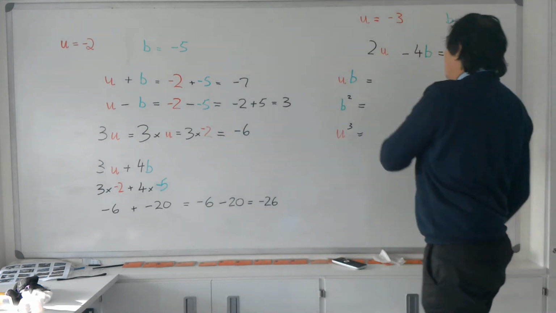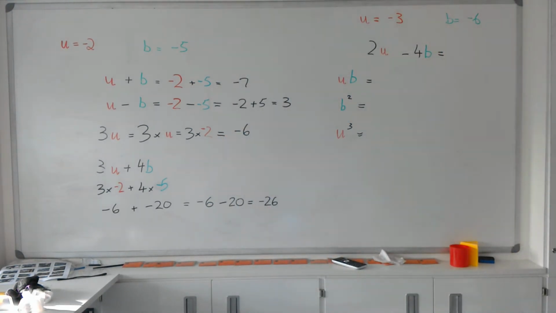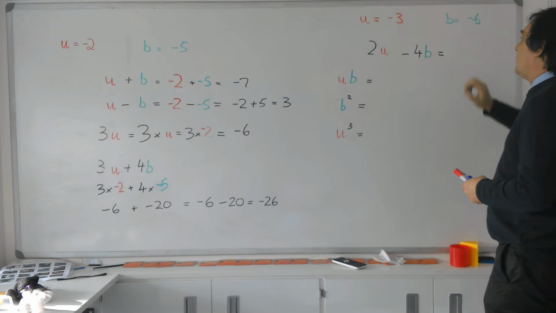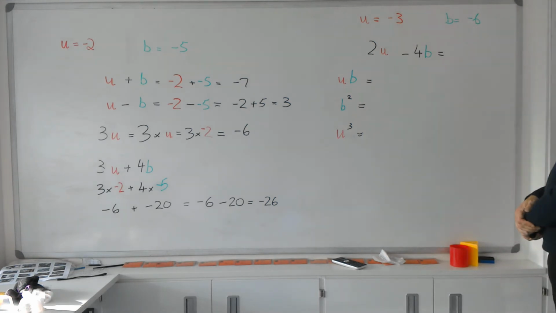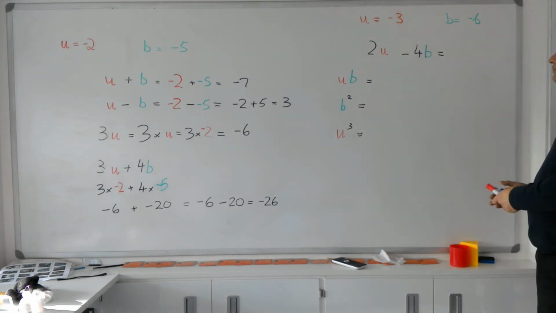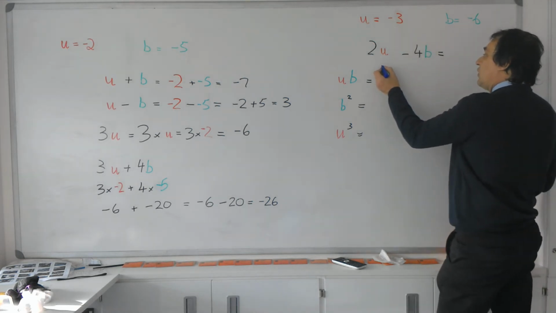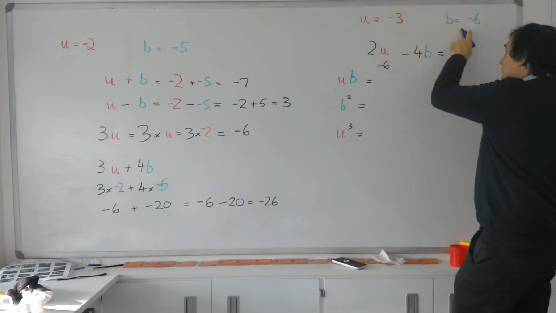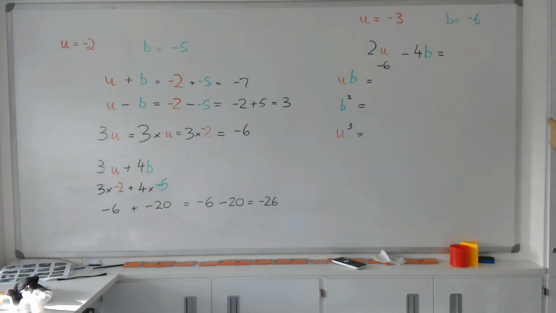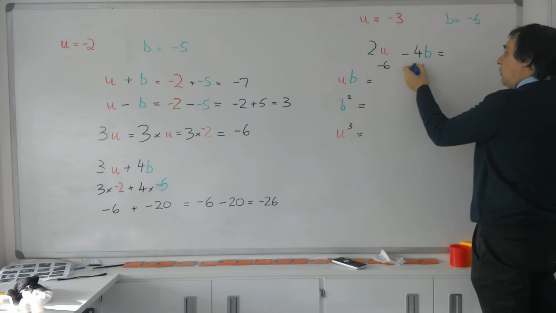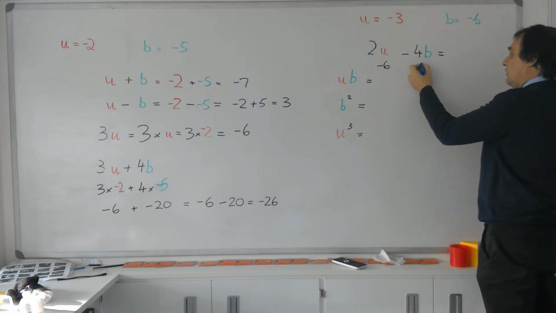We'll do a couple of different examples here. Remember u doesn't always have to be -2, so we'll change the numbers around. u this time is -3 and b is -6. So again, 2u is 2 times -3, that gives us -6. And then b is -6, so 4 times -6 is -24. We'll put that one in green to indicate that minus sign.